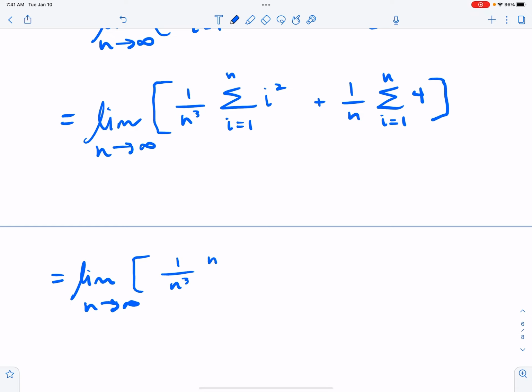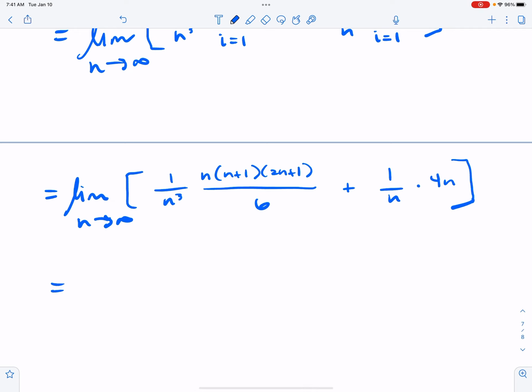There it is: n times n plus 1 times 2n plus 1 divided by 6. And then plus 1 over n times 4n. And I want to simplify that before I think about taking the limit. So this n will cancel with one of these n's. These n's will cancel.